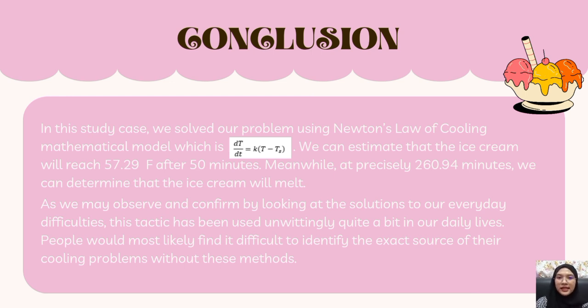Meanwhile, at precisely 260.94 minutes, we can determine that the ice cream will melt. As we may observe and confirm by looking at the solutions to our everyday difficulties, this tactic has been used unwittingly quite a bit in our daily life. People would most likely find it difficult to identify the exact source of their cooling problems without this method.